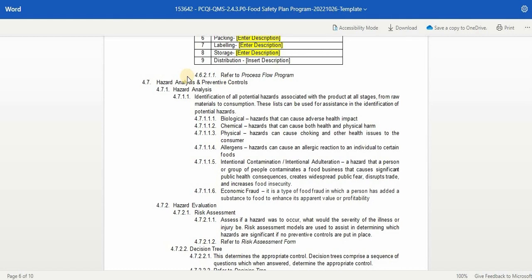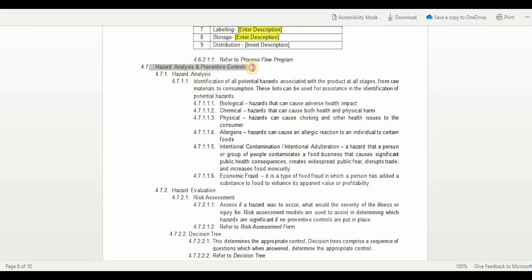Seventh, under procedures, is hazard analysis and preventive controls. Under that, one is hazard analysis. Identification of all potential hazards associated with the product at all stages, from raw materials to consumption. This list can be used for assistance in the identification of potential hazards. 1.